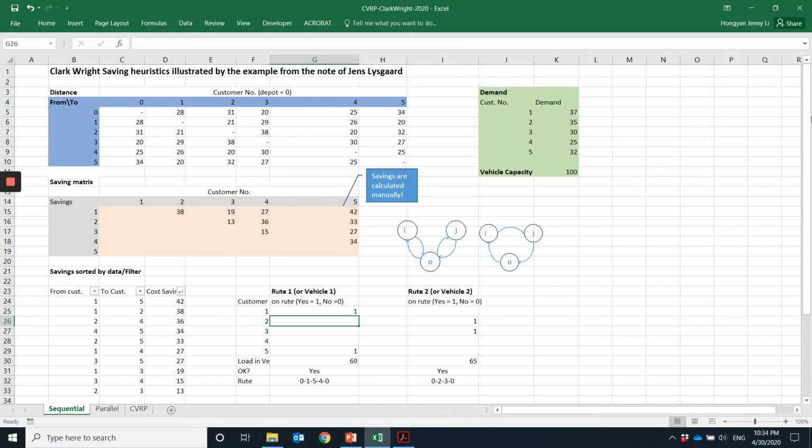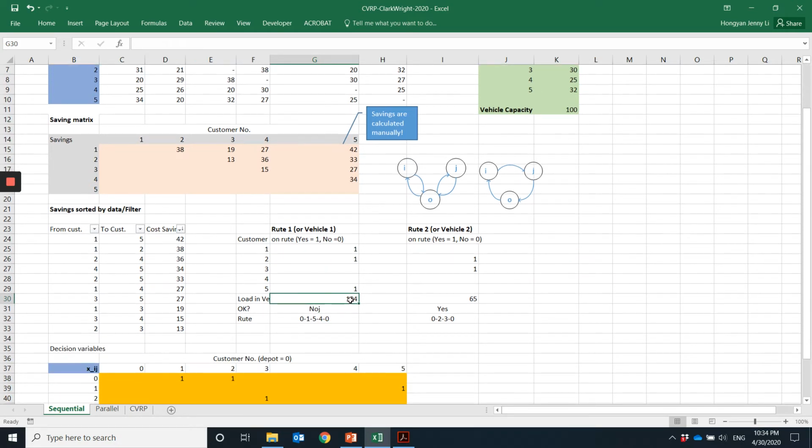The demand for customer 2 is 35. So let's see if I choose to connect. Then you can see I need to add 104 units into my vehicle, which actually violates my capacity constraint.